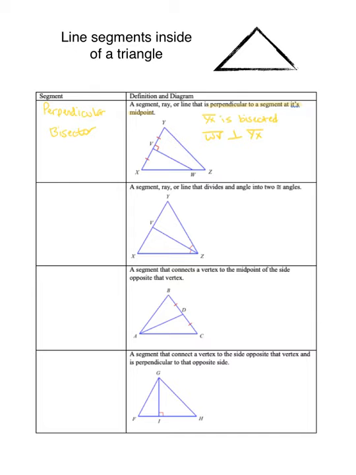All right, now let's do another one. A ray that divides an angle into two congruent angles. So now let's look at what this is. We call this an angle bisector.